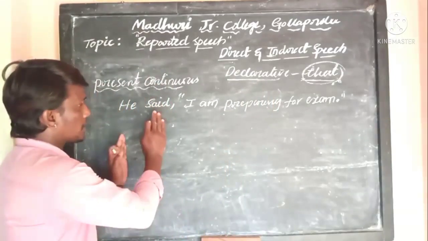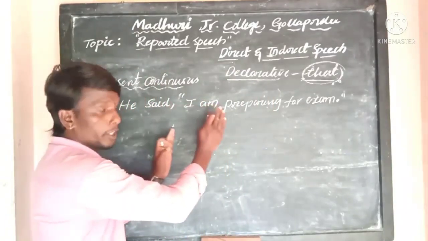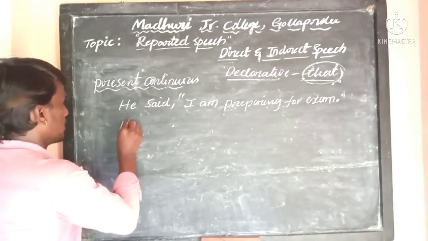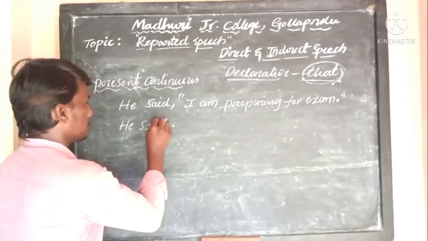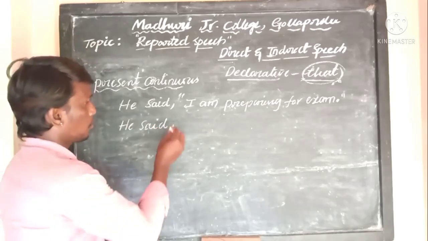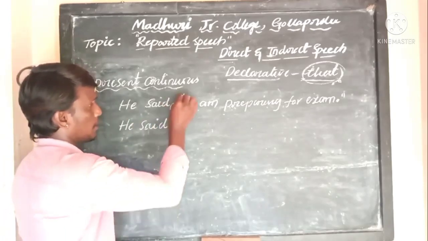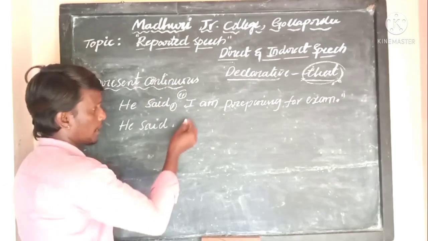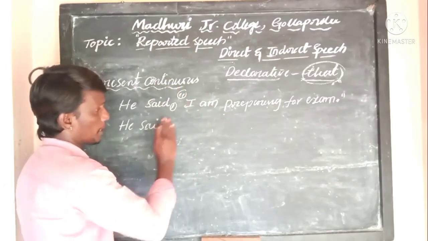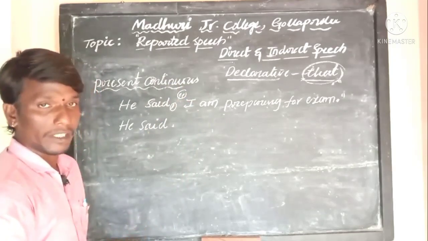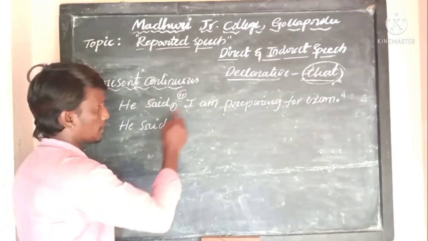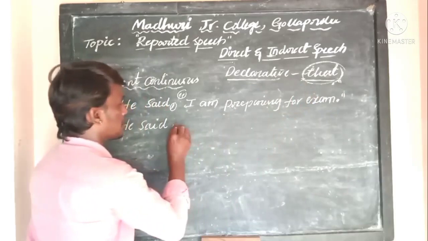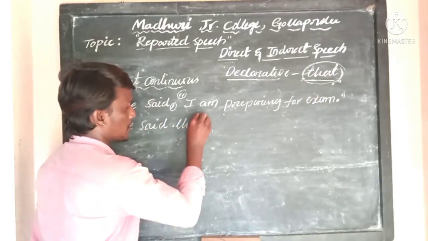So now let us combine this reporting part with the reported part. So now see, he said, okay. Now remove the comma and also the inverted commas here. What is a suitable conjunction to combine the reporting part with the reported part here? That, as the given reported part is a declarative sentence.